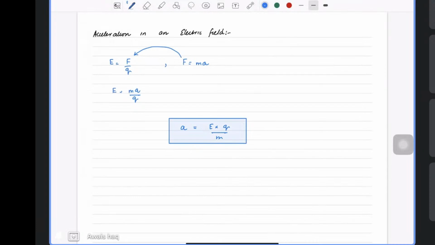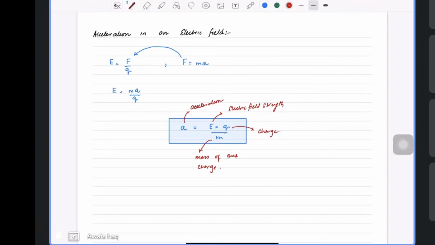And then let me just tell you what these are. A is the acceleration, E is the electric field strength, Q is the charge, and M is the mass of that charge. So you should remember that. Okay.